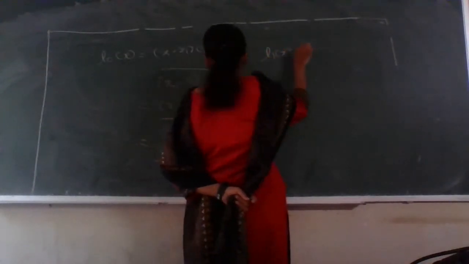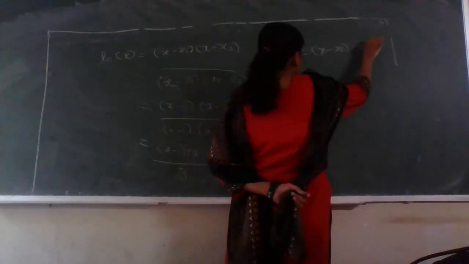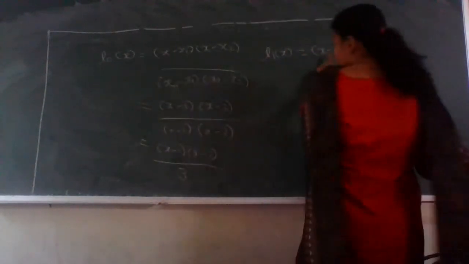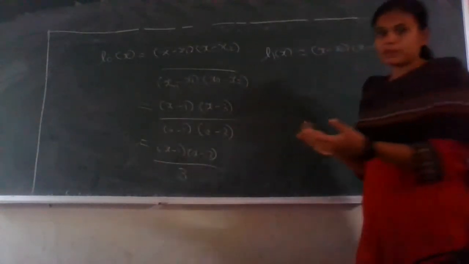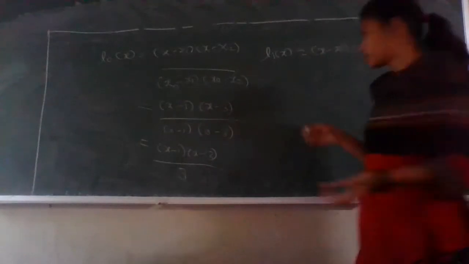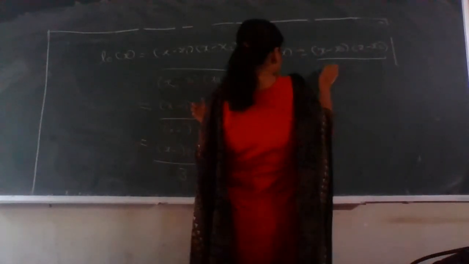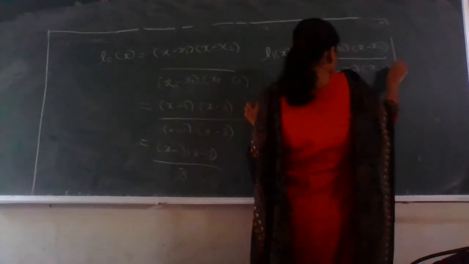Similarly, we have to find L1 of x. L1 of x will be x minus x0 and x minus x2. As it is x1, we don't want x minus x1. You have to remember it in this way, but if you go through the proof, you can see how we get this. So the denominator is x1 minus x0 and x1 minus x2.